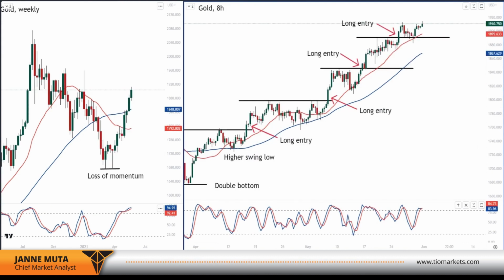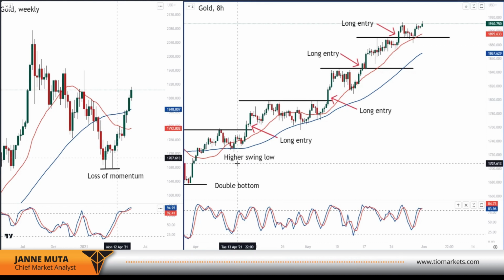And just like with this EURUSD example where we took a short each time the market broke structure to the downside, now we do the opposite. As gold moves higher and breaks structure to the upside, there is an opportunity to go long. And if we add a little bit each time the market moves into new highs, we keep the cost base low enough so that we are actually playing with the market's money.